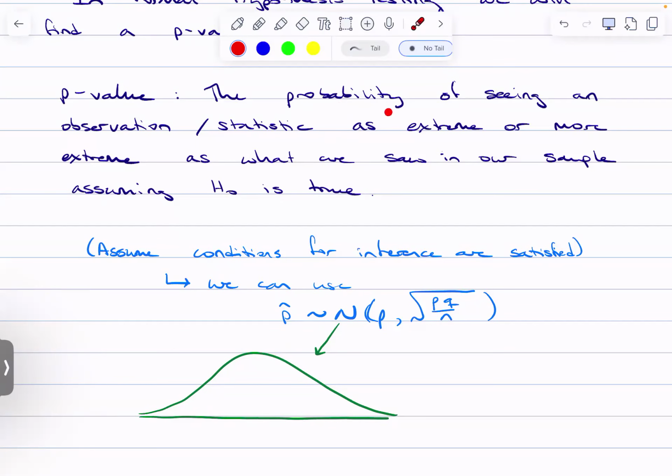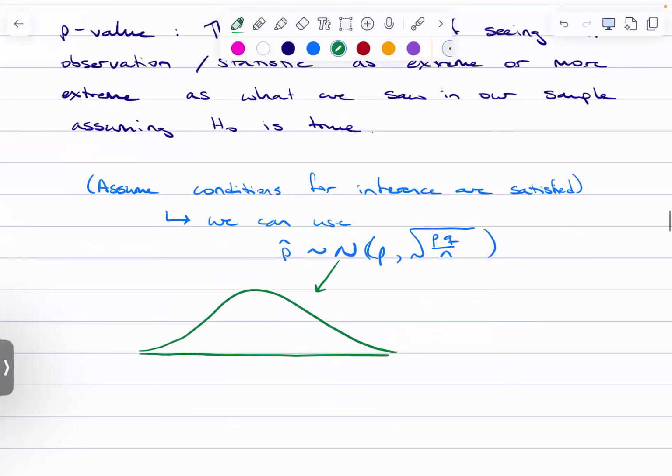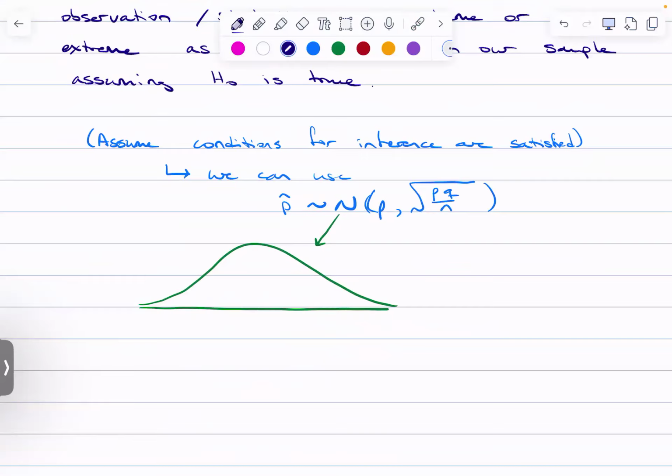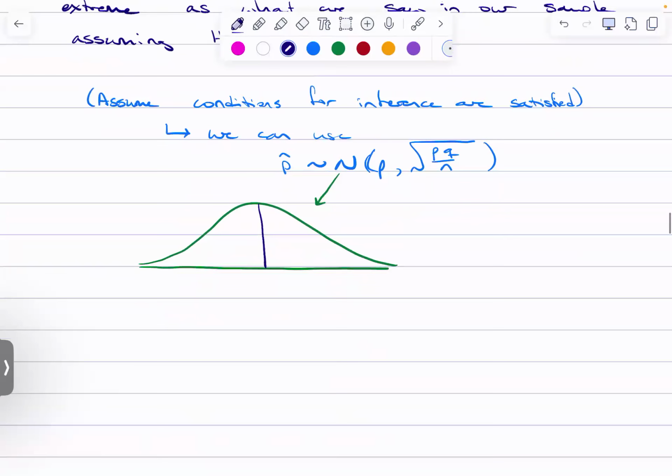And so we want to find some area under the curve, the probability of seeing an observation or a statistic as extreme or more extreme as what we saw in our sample, assuming H naught is true, which means that H naught says that p, the center of the normal distribution, is at p naught. We assume that's true until we find evidence against it.